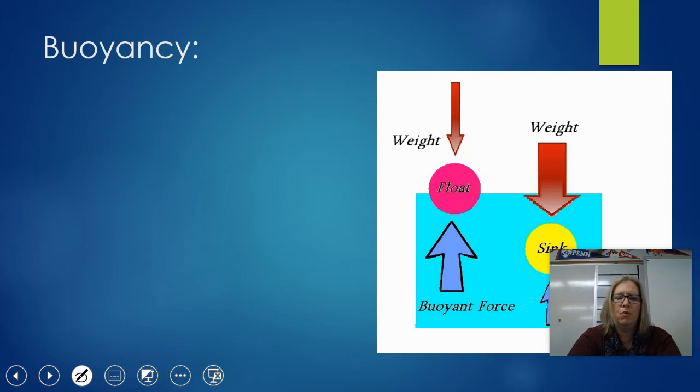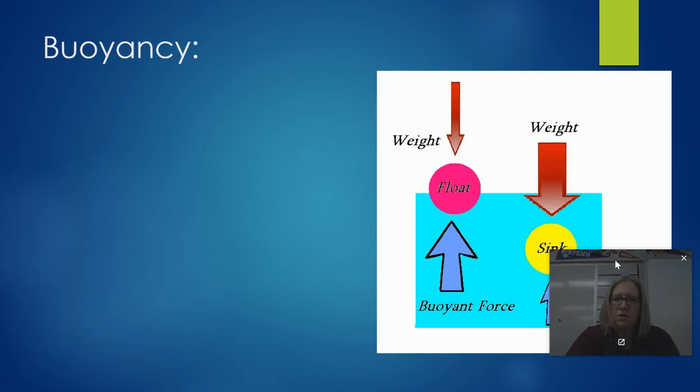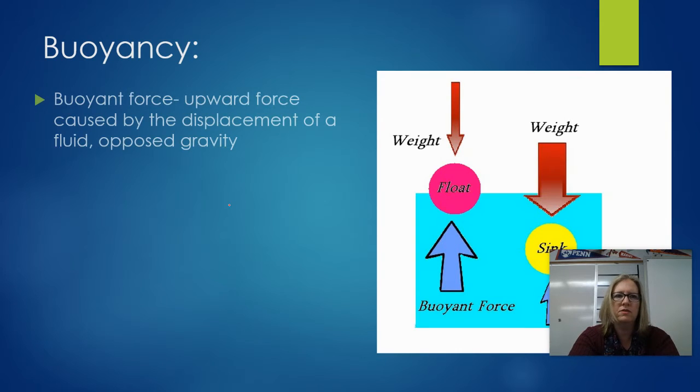All right, let's talk about buoyancy for a minute before we get to our next principle, okay? Buoyancy is related to sinking and floating. We're going to talk about that as well. There's a force that basically counteracts gravity, and you've noticed this when you get into the swimming pool, okay? The buoyant force is an upward force that is related to the displacement of fluid, okay?